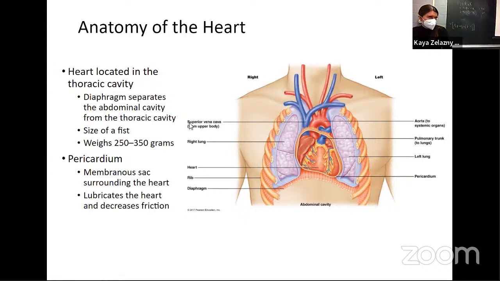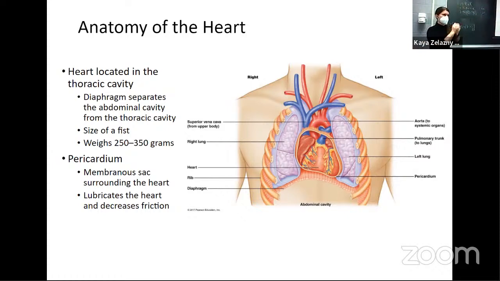So kind of like we thought about layers of the muscle and things surrounding it. The heart is in a membranous sac that we call the pericardium. The point of that is that it allows the heart to expand and contract, to relax and contract in diastole and systole, such that it doesn't have much friction from the outside.